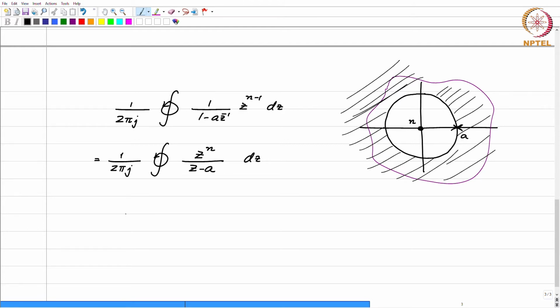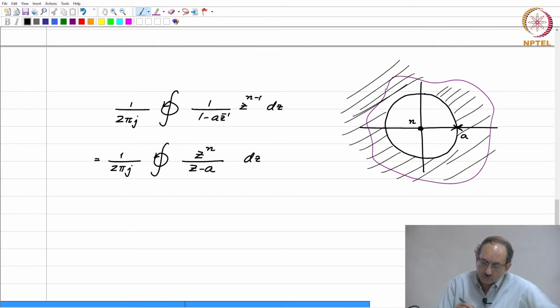Now, if you want to evaluate the contour integral, you need to evaluate the residues at the poles. There is only one pole here, namely at z equal to a. Therefore, all you need to do is calculate the residue at the location of the pole.